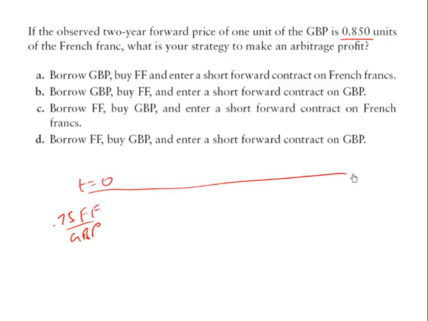The fair forward price we have already calculated: at t equal to 2, this should be 0.7063. However, what we see in the market is that people are quoting the 2-year forward price as 0.85 French franc to GBP. This was the no arbitrage price. This is the actual observed price.